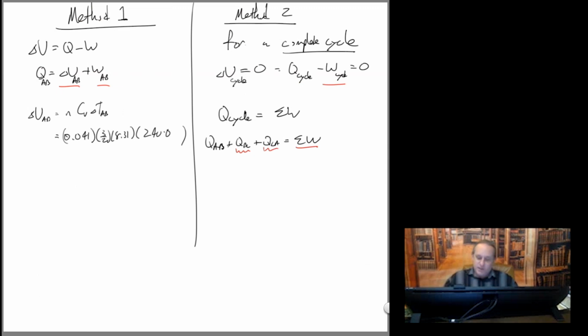Pretty easy, not too hard to find delta U once we've found all of that information. And that's, I'll just round it, 1,227 joules. Okay, any questions about finding delta U for segment AB?